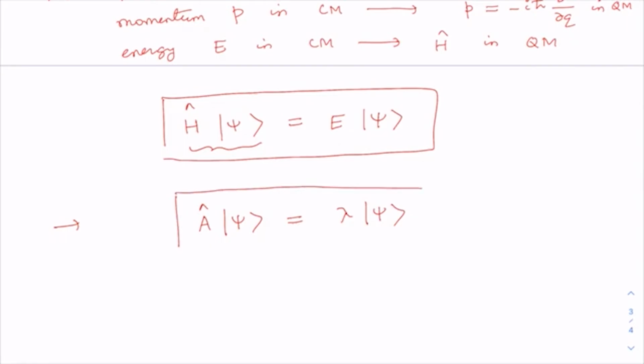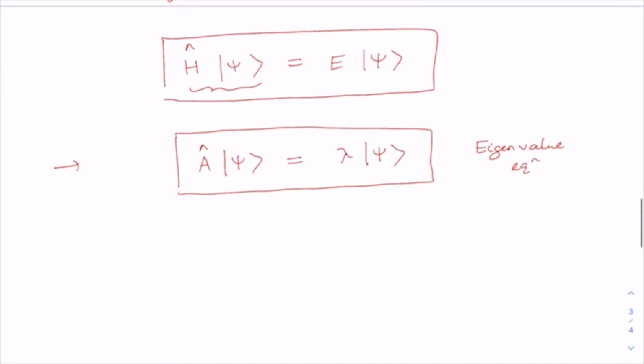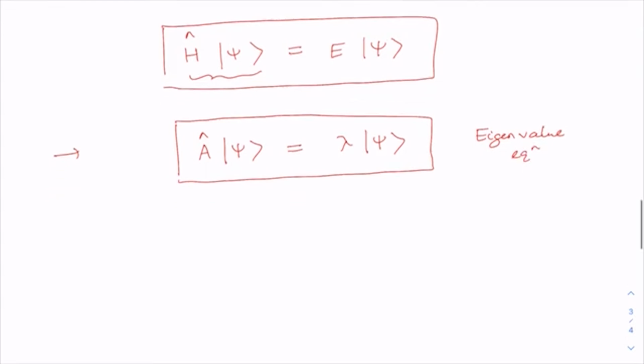This kind of equation is called the eigenvalue problem or eigenvalue equation, which I'm sure all of you know. In the case of this Hamiltonian, lambda is here the energy.